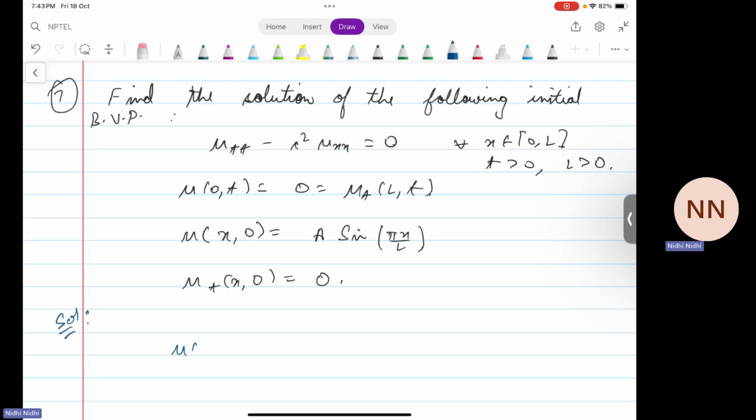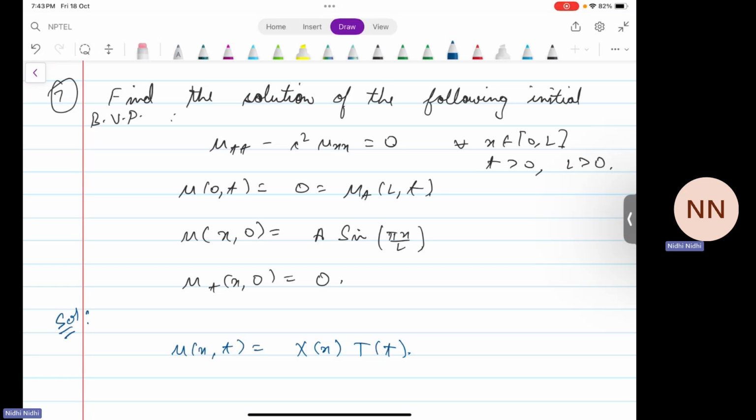Start with taking u(x,t) equals X(x)T(t), then reduce to two differential equations, one in x, one in t, and there will be some parameter, some eigenvalue lambda.